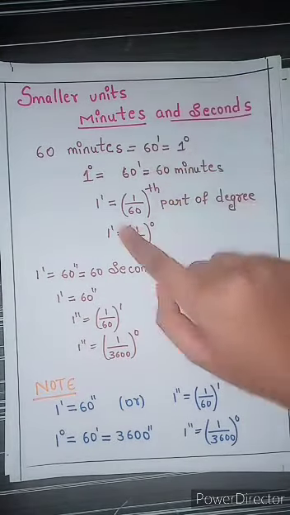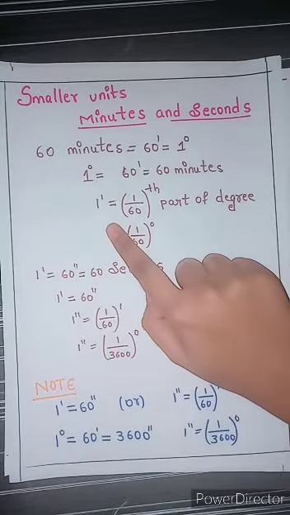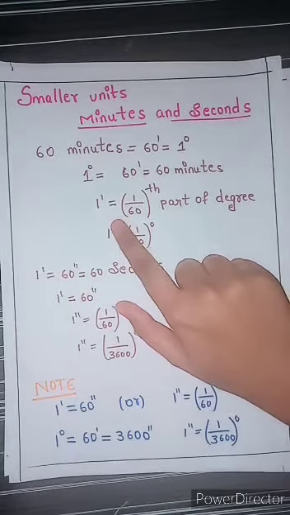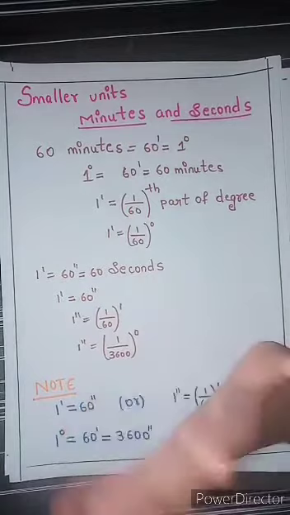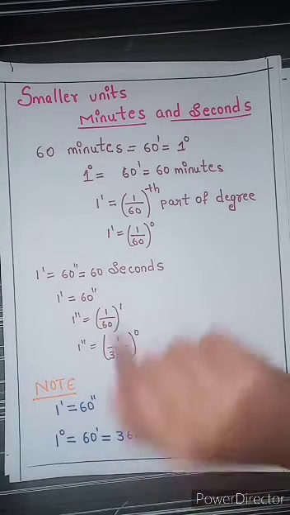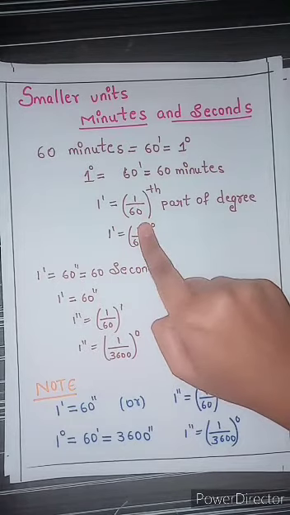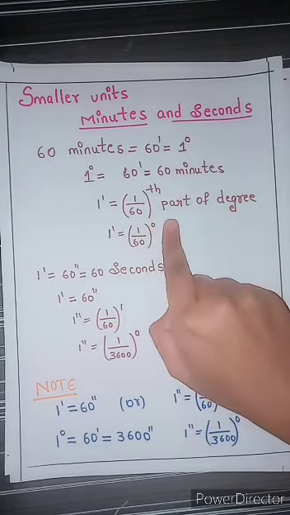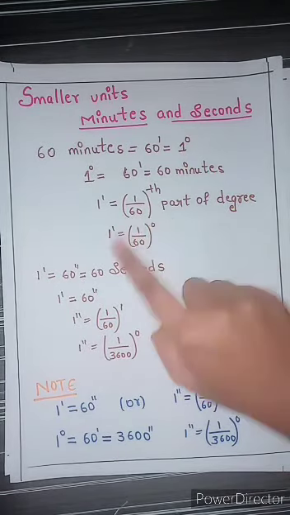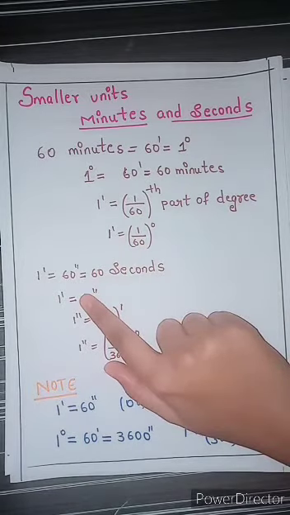Minutes are represented by one small dash upon it. Now this small part is to be further divided into 60 small parts, right? So 1 minute is equal to 1 by 60th part of a degree, 1 by 60 degree.